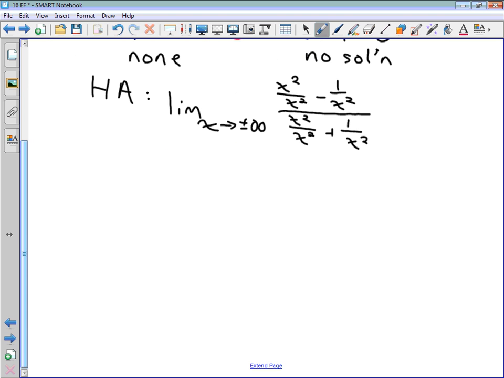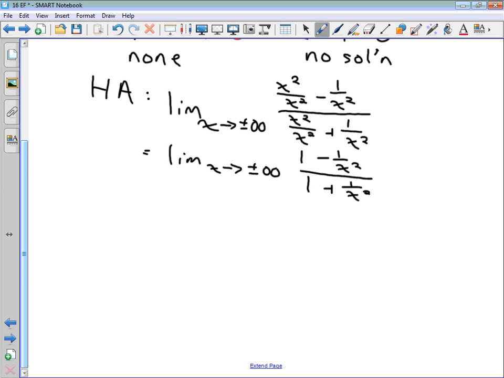If I simplify this a little bit, I get the limit as x goes to positive or negative infinity of 1 minus 1 over x squared, over 1 plus 1 over x squared. Now, those 1 terms aren't going to change as we change the value of x, so they're just going to stay as 1s.